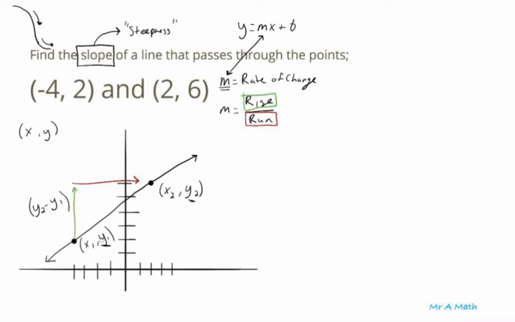The run, how far over it goes, follows the same idea. The horizontal change between these points depends on the x values of these 2 points.